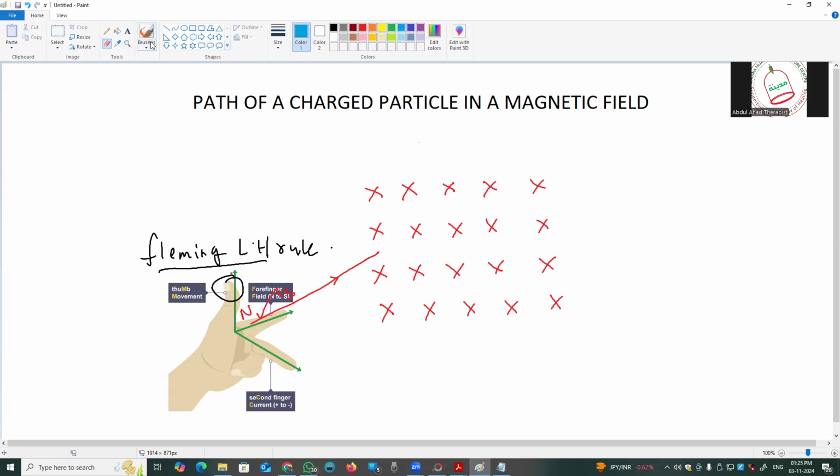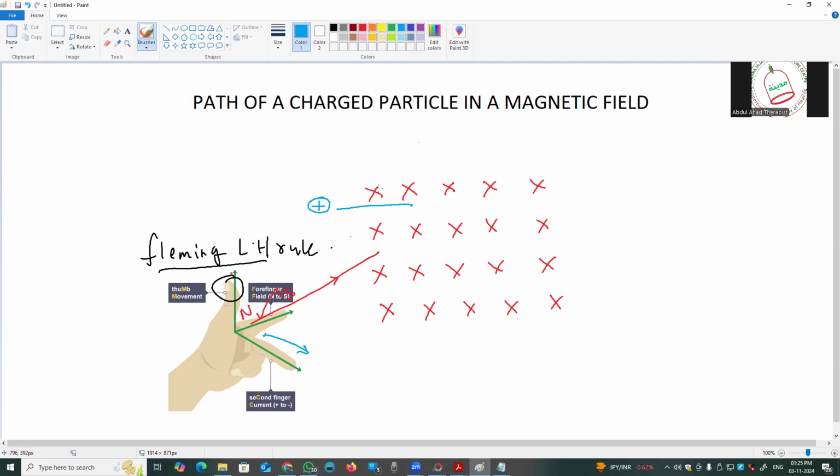let's talk about the path of the charged particles. Let's say there is a positive charge which goes inside the magnetic field in this direction, which is the same direction as the index finger. Sorry, the second finger, the middle finger.